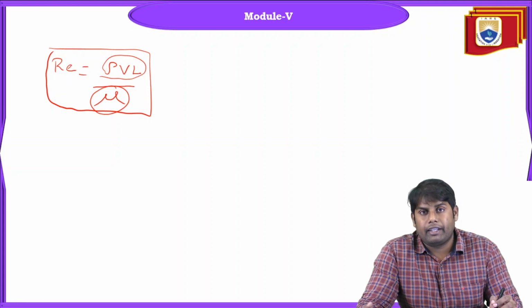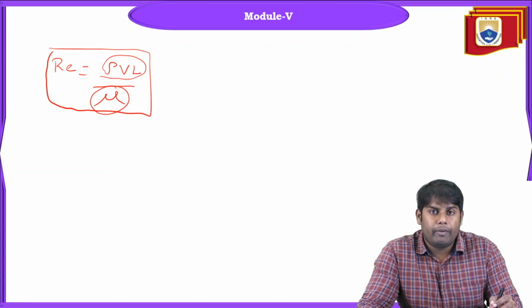It gives information about how much velocity the flow has, what its viscosity is, what characteristic length it is traveling over, and what its density is. These important properties are captured by the Reynolds number.